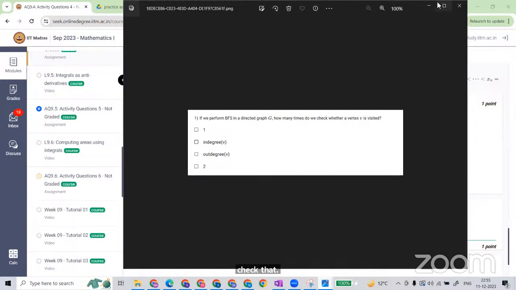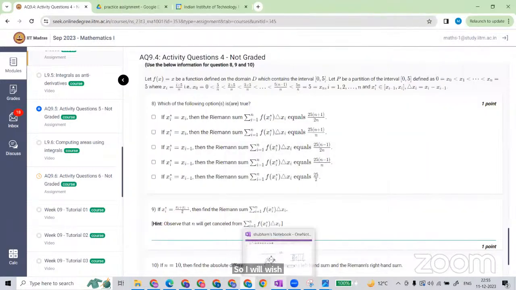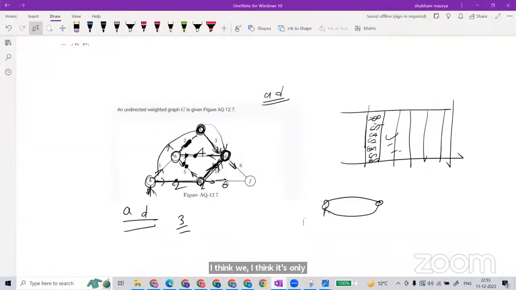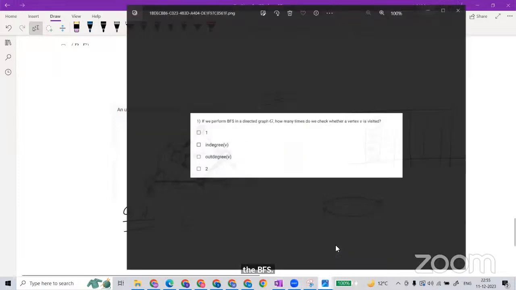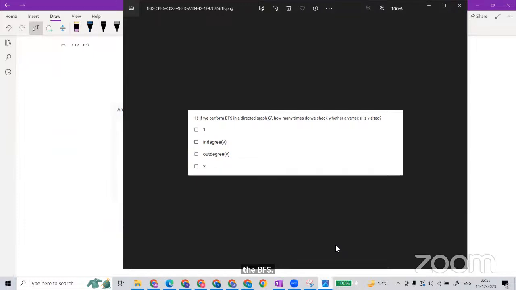I think it's only once we visit, right, sir, in the BFS? So it is just for visited or explore. How many times do we check whether a vertex V is visited?